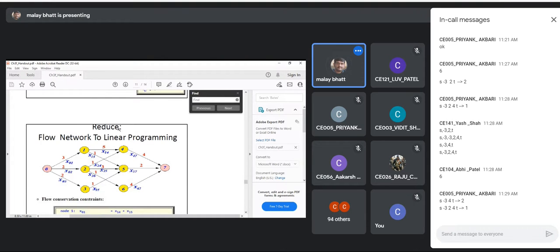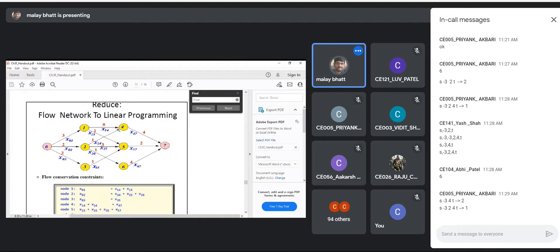Next is we have to define the flow conservation property. So for the node 1, the value of inflow and outflow must be equal. So for the node 1, we'll write x01, which is the inflow to the node 1, will be equal to the outflow from the node 1. So we'll write x01 equal to x14 plus x15, right?